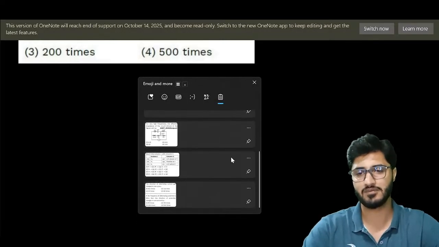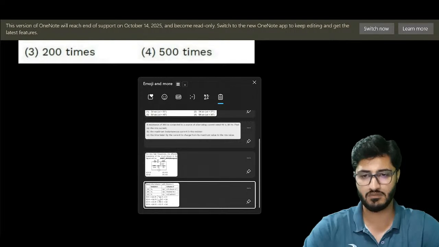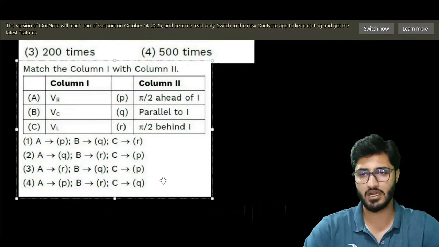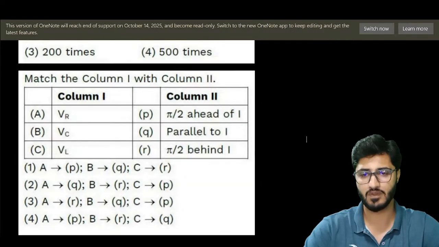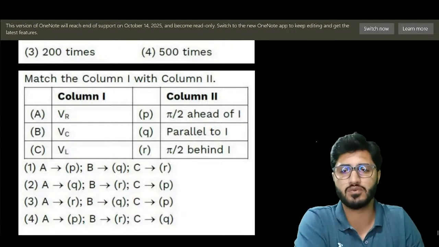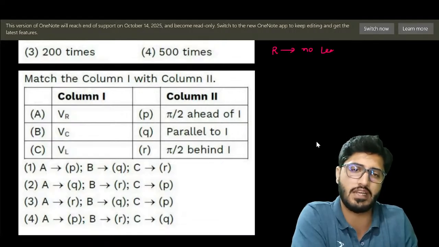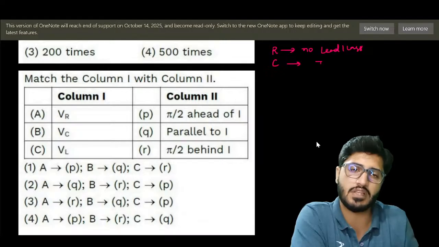Next numerical now. I hope that you can do this numerical in a correct way. Match the following, column 1 and column 2. For R, there is no lead or lag. In C, current leads.